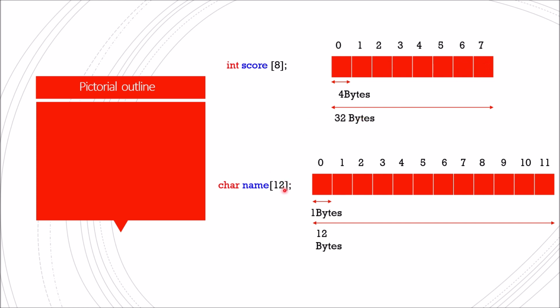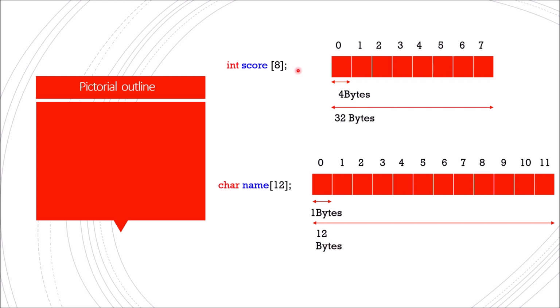And see now the difference. In this array of characters, remember that one character occupies just one single byte. We have here 12 positions, starting from 0 always. If you multiply 12 by 1 byte, you get a total size for this array of just 12 bytes.